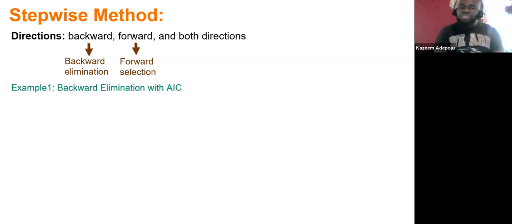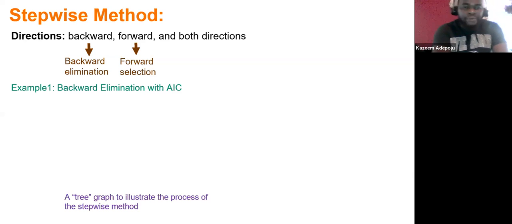Let me tell you something I told you the other time. The AIC and the BIC are the supreme model selection criteria. Because you could have a situation where there could be a conflict of interest, and that is the reason why we want to rely on the AIC. So we're going to do a backward elimination with the AIC right now, where we want to use a tree graph to illustrate the process of the stepwise method.